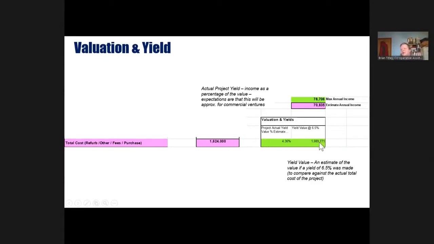And if you were to say actually you want a yield of 6.5% based on this turnover, the actual value is 1,089,000.